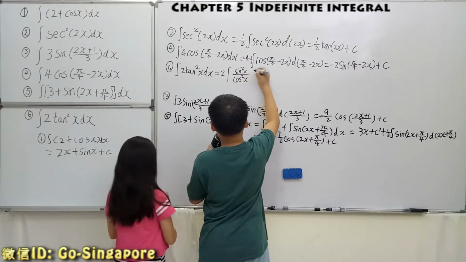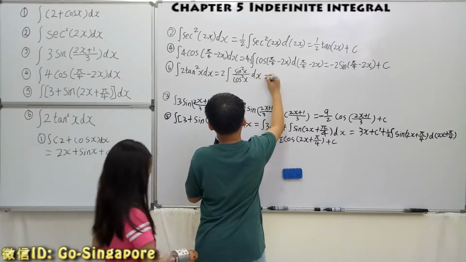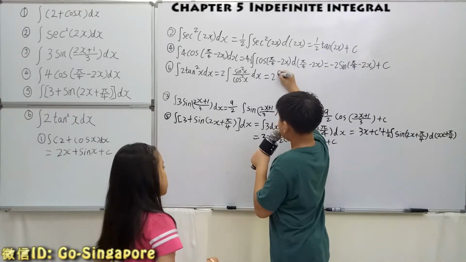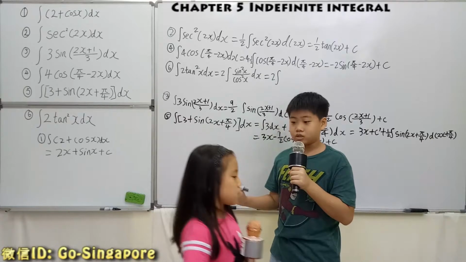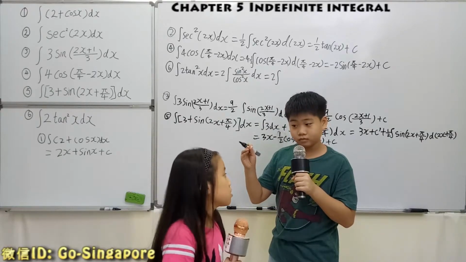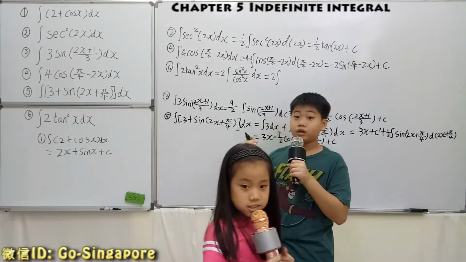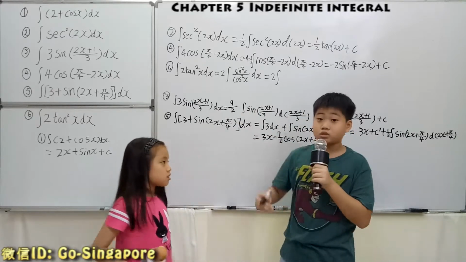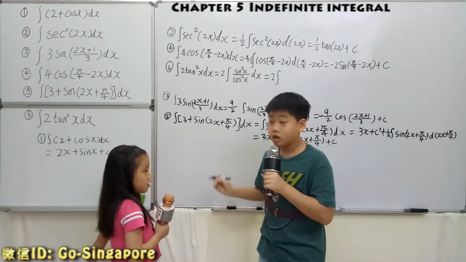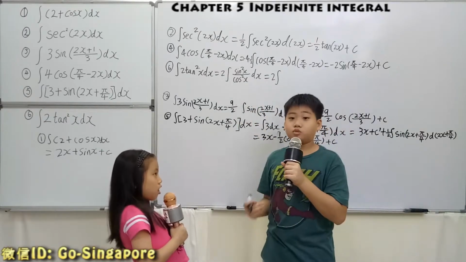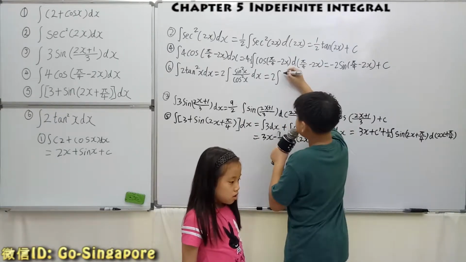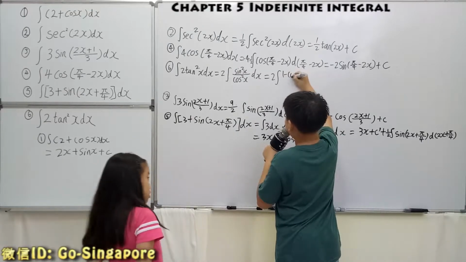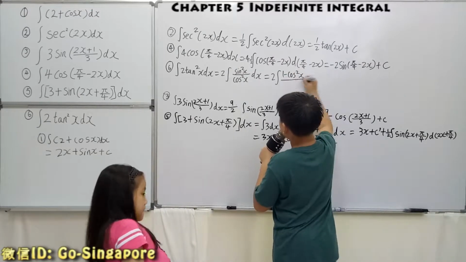So here can be 2 integral sine square x, we can use the trigonometric identity, right? Yes. Which is sine square x plus cosine square x equals 1. So sine square x will actually be 1 minus cosine square x. So like this is 1 minus cosine square x, then over cosine square x, and here's the dx.